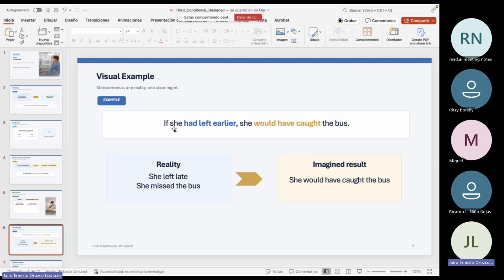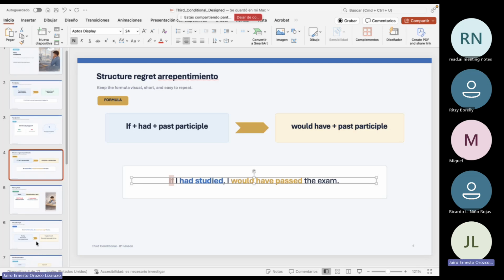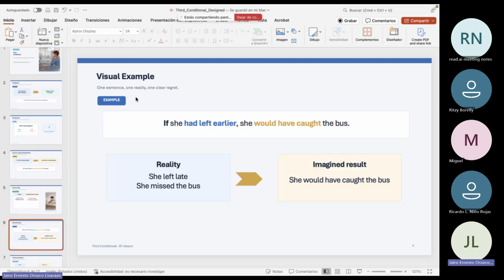One more question. If she had left earlier, she would have caught the bus. Notice that every sentence starts with an if. If in Spanish, sí, ¿vale? El sí, no el sí de yes, sino el sí de is, ¿vale? Sí condicional. Si hago esto, pasa aquello.